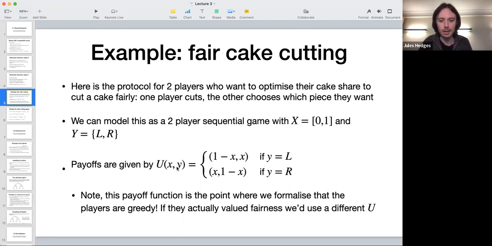You can write down a payoff function for this situation. If player two chooses the left piece, then player two gets the size of the left piece, which is x, and player one gets the size of the right piece, which is 1 minus x, and so on. This is where we formalize that the players are trying to optimize the amount of cake that they get.